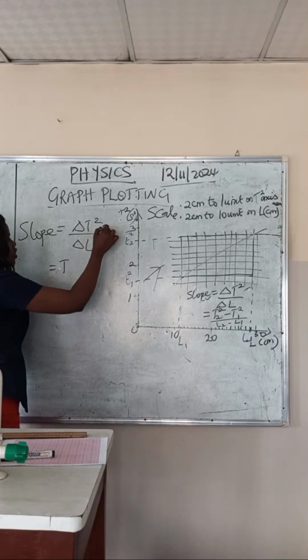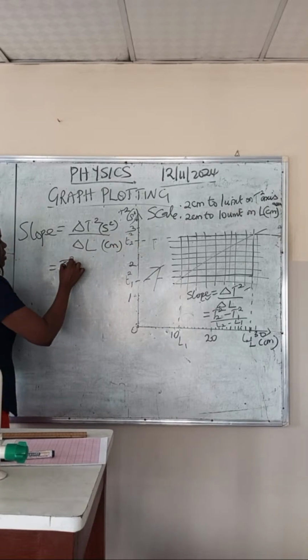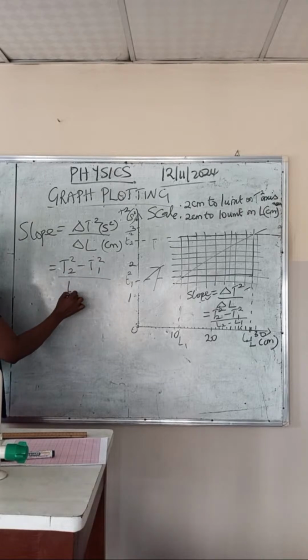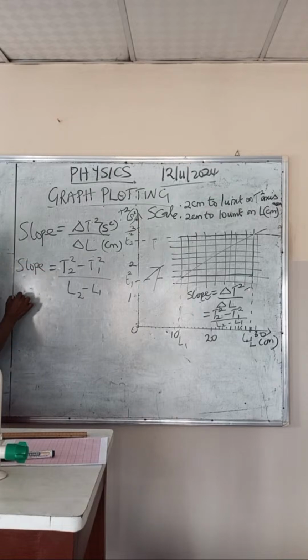Now remember to put the unit, second square and centimeter. So this is T square 2 minus T square 1 divided by L2 minus L1. That is your slope. Who is done?